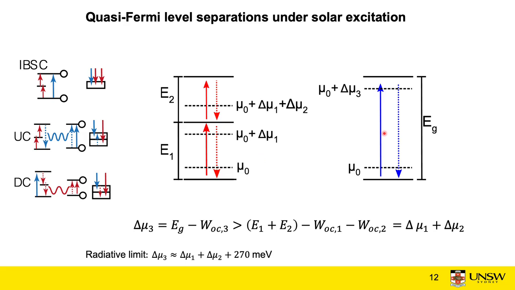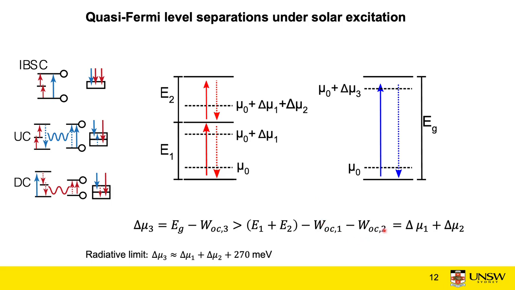So if we have two transitions that occur in series, both of them will encounter the WOC loss in free energy compared to the bandgap energy. If we couple another transition in parallel to this with a bandgap energy equal to the sum of the two smaller gaps, this transition will now have a quasi-Fermi level separation that is more than the quasi-Fermi level separations between the two transitions that we set in series.